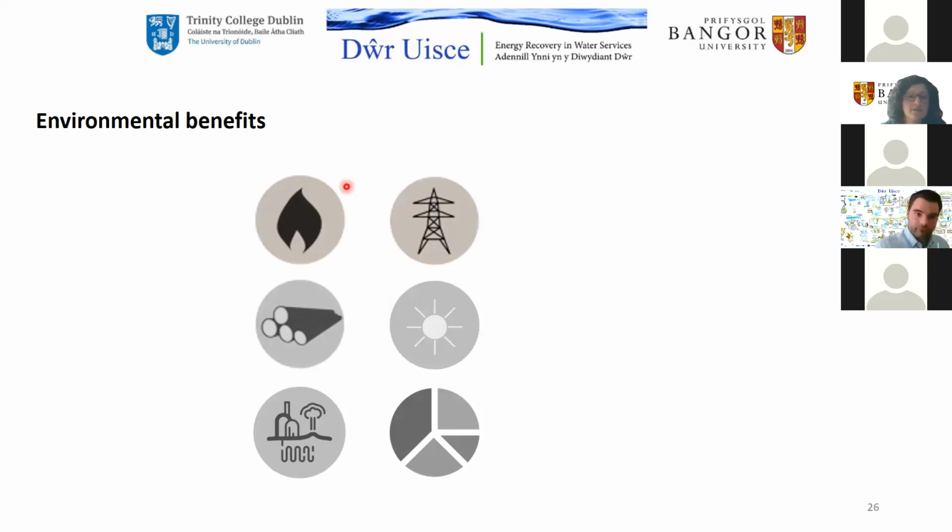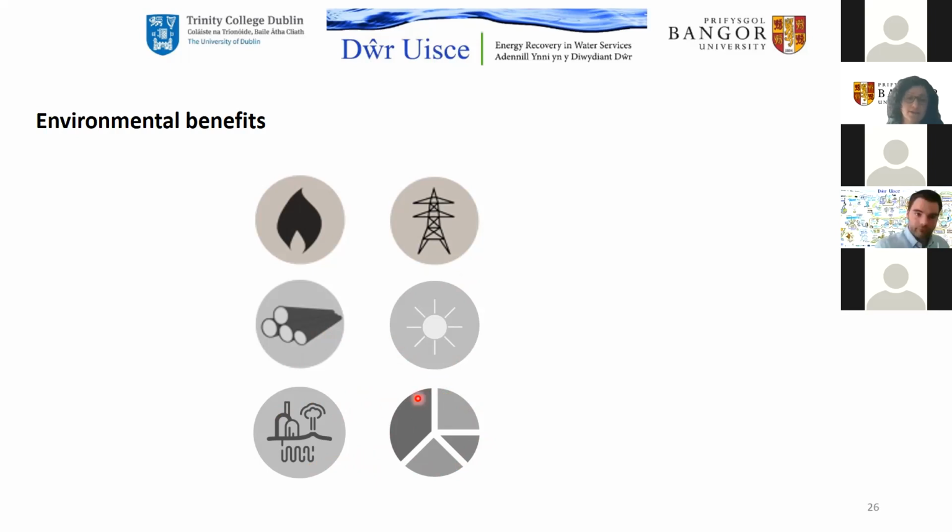And in our study, we looked at different options for this energy for heating water. We looked at natural gas, at grid electricity, at wood chips, which is the case also in Penryn Castle, at solar thermal energy, at geothermal energy, and also at the mix that's currently used in the UK.